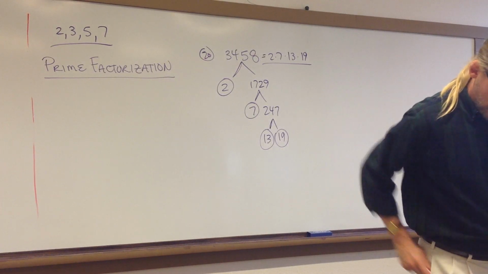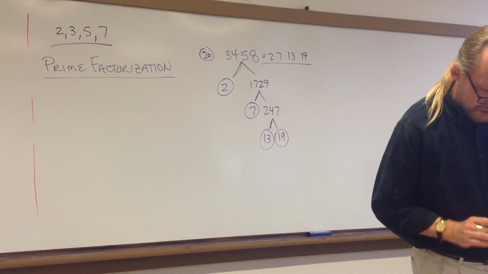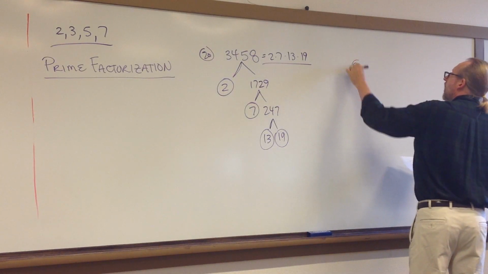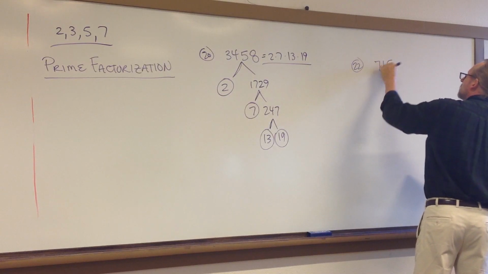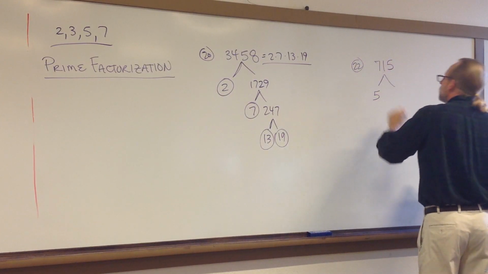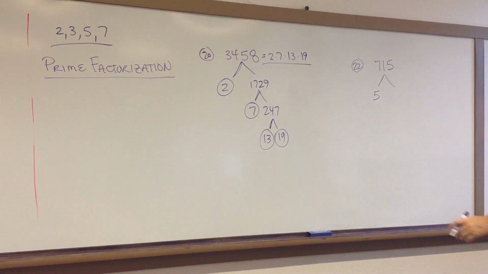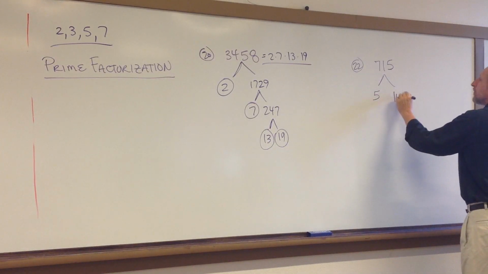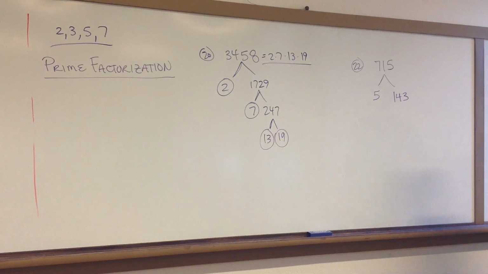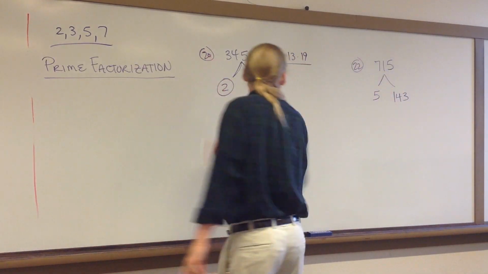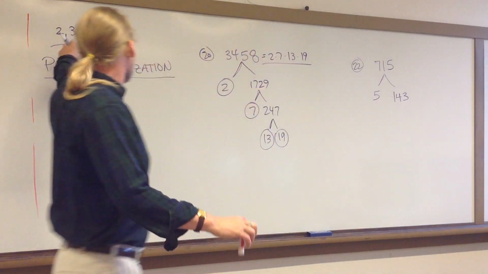Okay, let's see, we've just got a couple more here. Problem 22, 715. All right, so that's divisible by 5. So let's go ahead and do that. Let's see, what are we going to get out of that? 143. Now again, 143 is not divisible by 2 or 3 or 5.